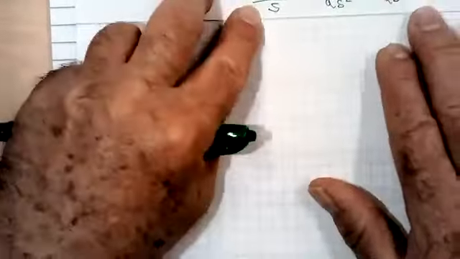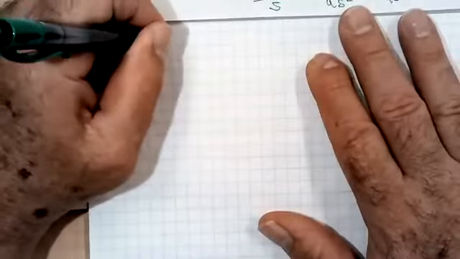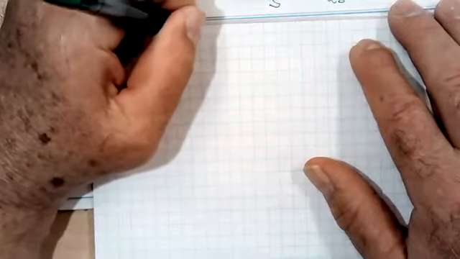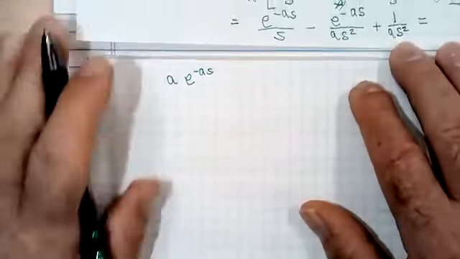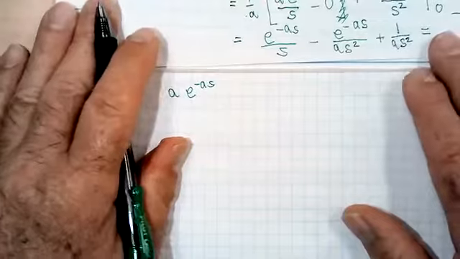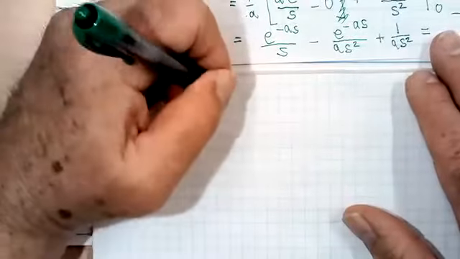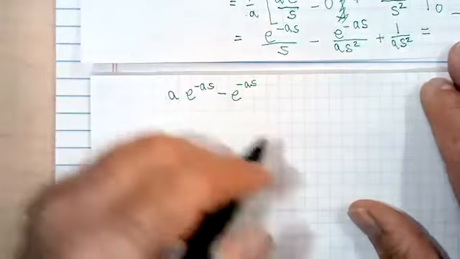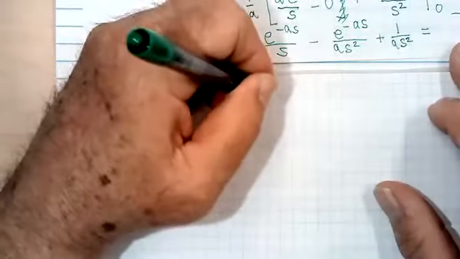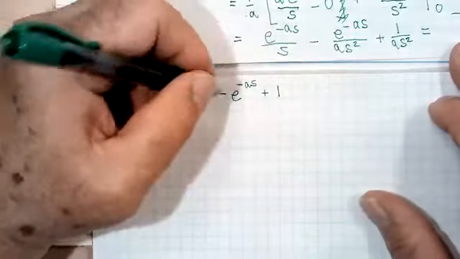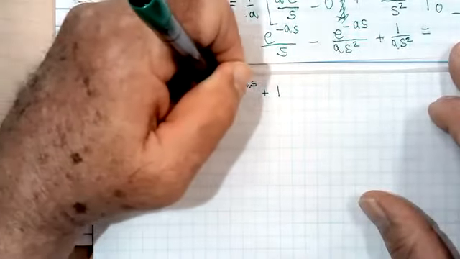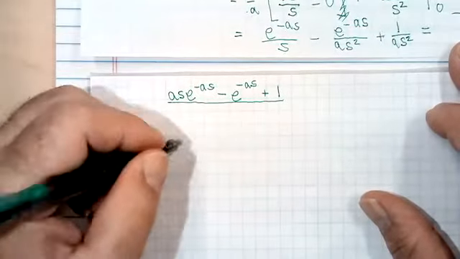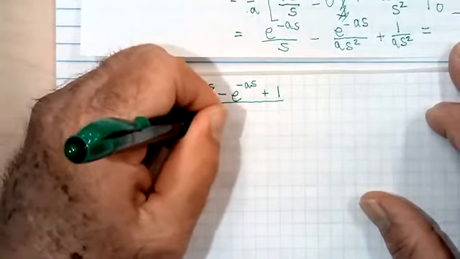Multiply the first one up and down by e to the minus as. This one minus e to the minus as plus 1, all over, oh, I need an s here as well, as squared.